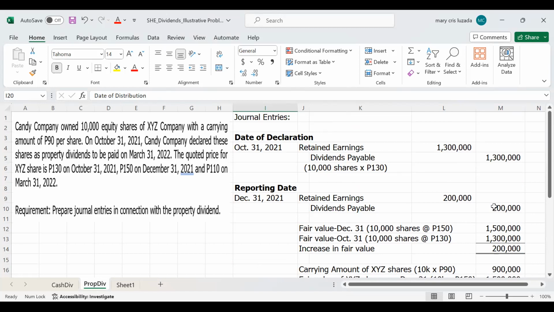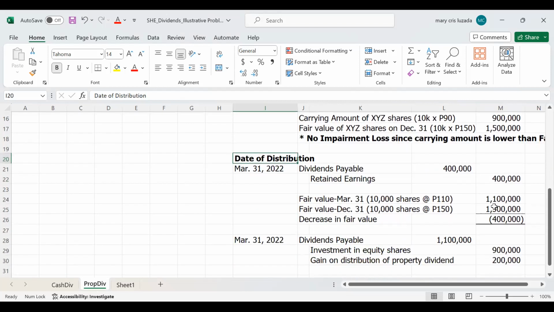And at this time, the fair value of the property to be distributed has decreased, from 150 on December 31 to only 110 on March 31.